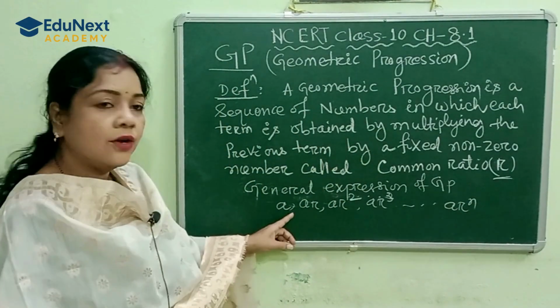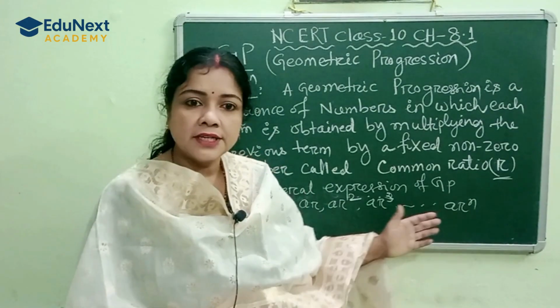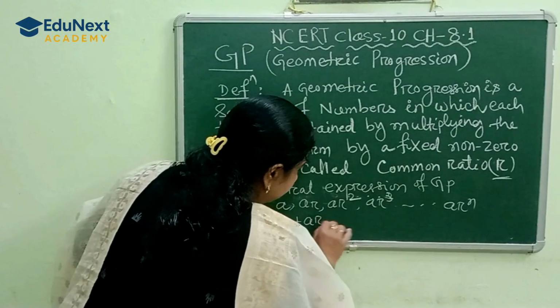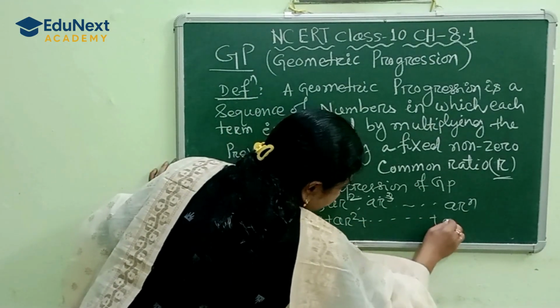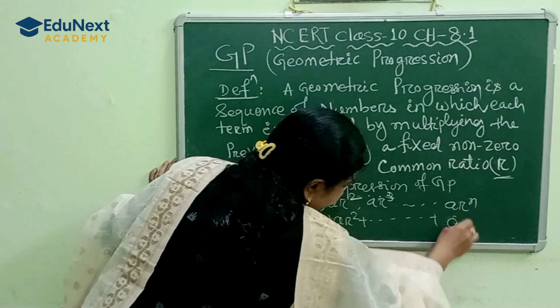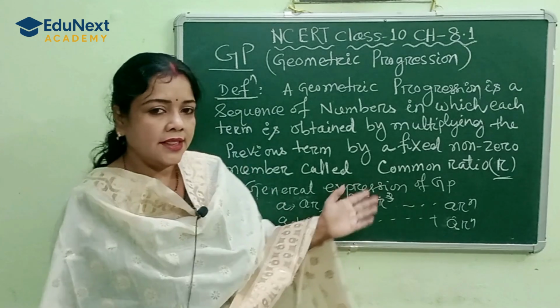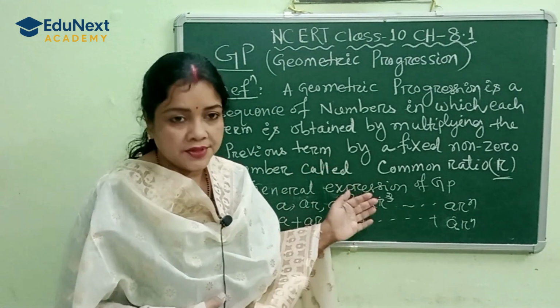If I write commas, it is a sequence of numbers. But if I write a plus ar plus ar square plus ar to the power n, it becomes a series. In this way, you can represent a geometric progression.